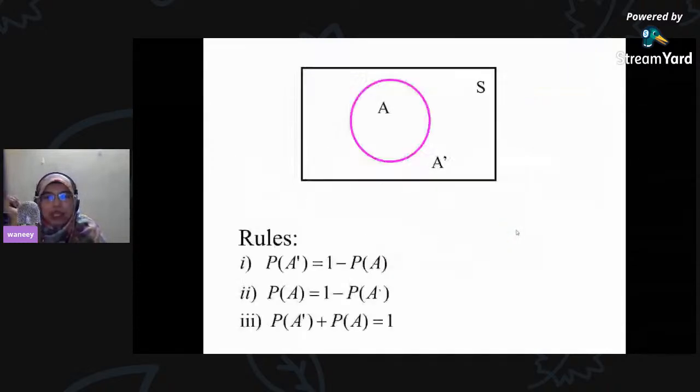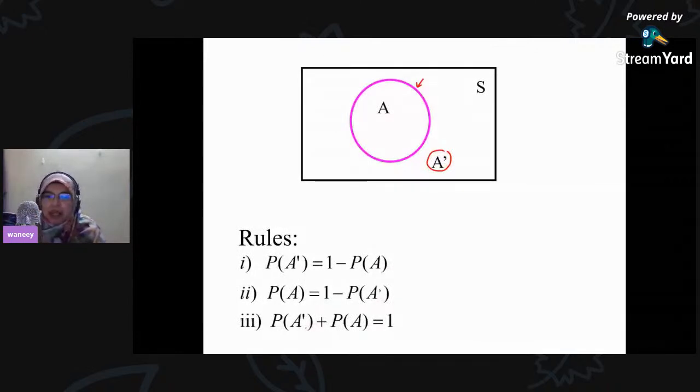Now, if the circle is event A, then A complement, or A prime, or A bar, or AC, is outside of A. That means not A. The rule is that the probability of A complement is 1 minus probability of A, and the probability of A is 1 minus probability of A complement.